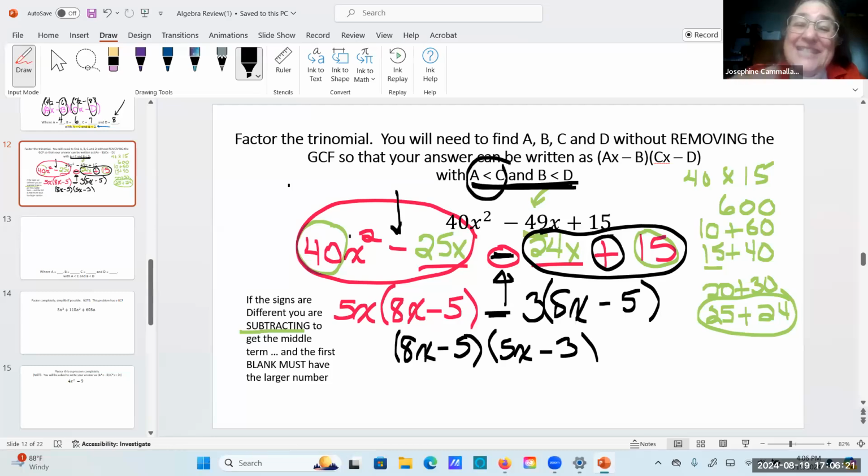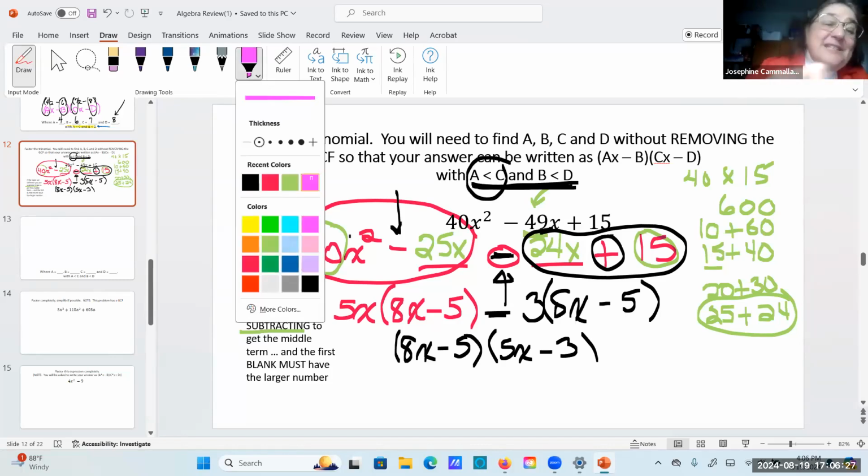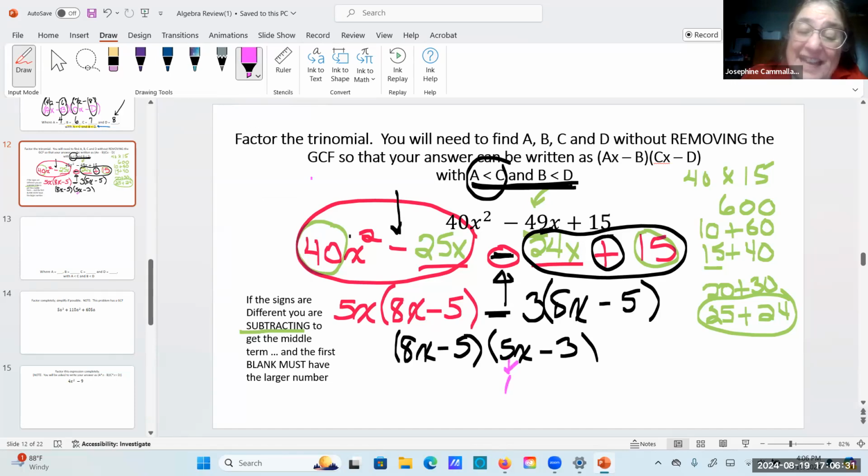A has to be smaller, which means this 5 has got to be my A, x minus b. This 8 has got to be my cx minus d.